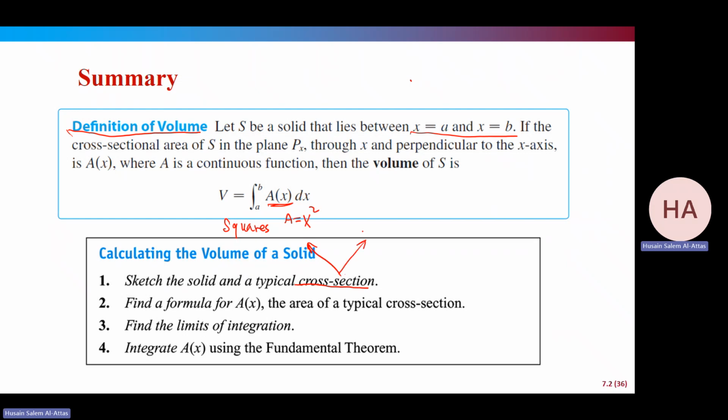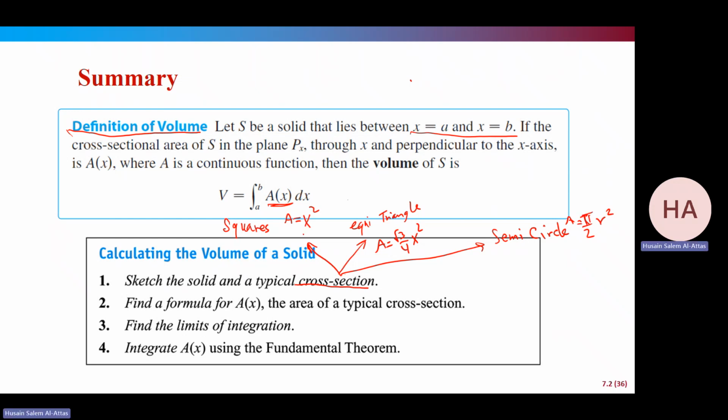If you have an equilateral triangle, then the area will be square root 3 over 4 x square. If you have a semicircle, this is the x, I mean the base, then the area is pi over 2 r square.